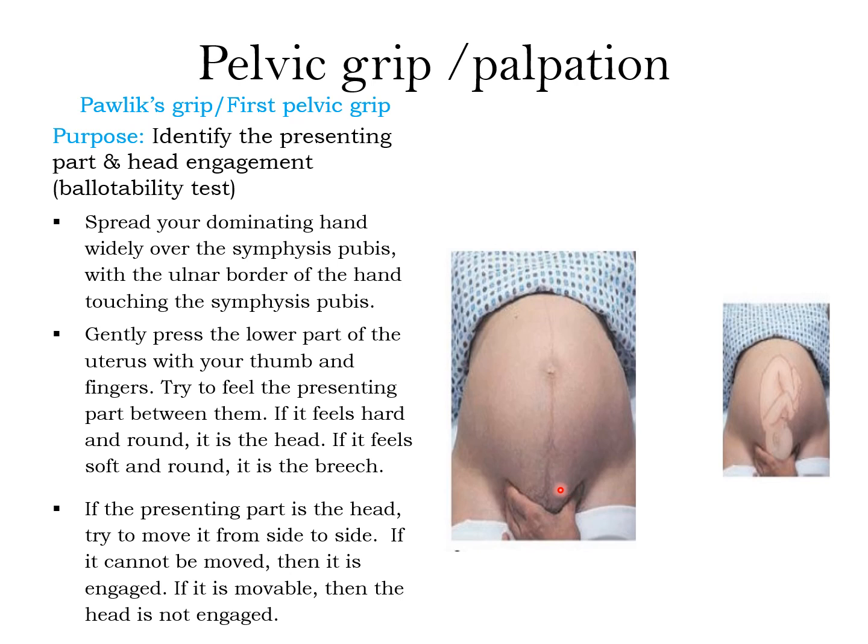Okay. If the presenting part is the head, try to move it from side to side. Got it? If it cannot be moved, then that means the head is engaged. Engaged means the fetal head has descended into the mother's pelvis.